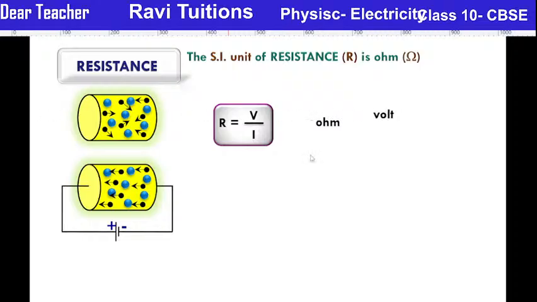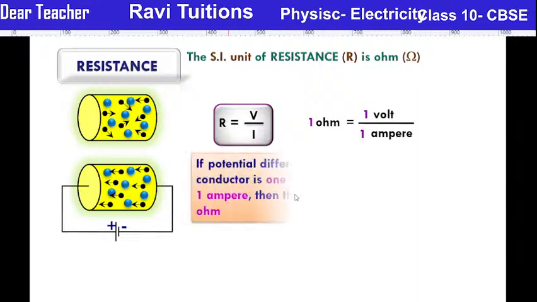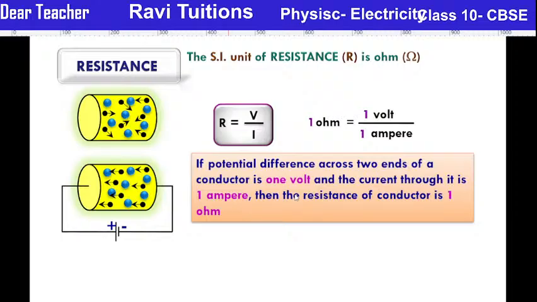So the unit of resistance is ohm. One ohm is equal to 1 volt per ampere. The symbol of ohm is like this, like a horseshoe. It is given in the name of the scientist Ohm.